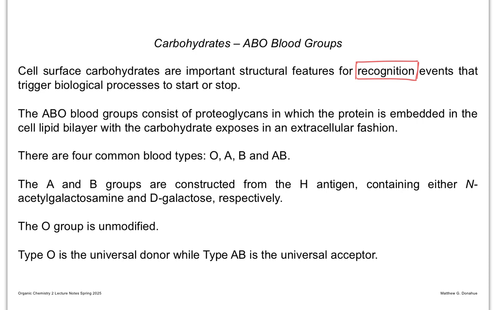So those are 2 sugars. The O group is unmodified. So O is the universal donor, and type AB is the universal acceptor. So if you're undergoing surgery, you either have to go in a couple weeks before and donate your own blood, or they have to make sure that if you do need blood, it's matched for your blood type.